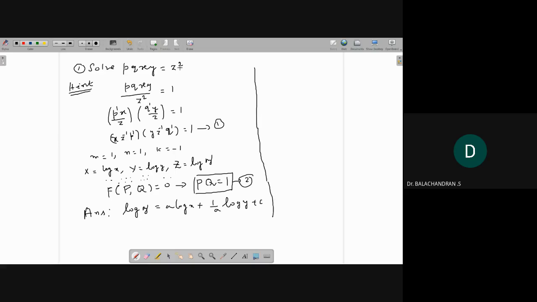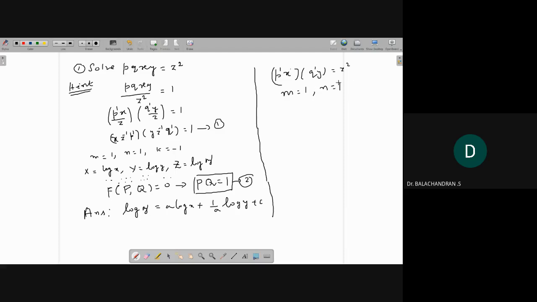Okay, now second method. You can keep this z square as it is. So method 2: you write p into x and q into y equal to z square. Now here p is power 1 and q is power 1, so you can find the value of m equal to 1 because it's the power of x, and n equal to 1.